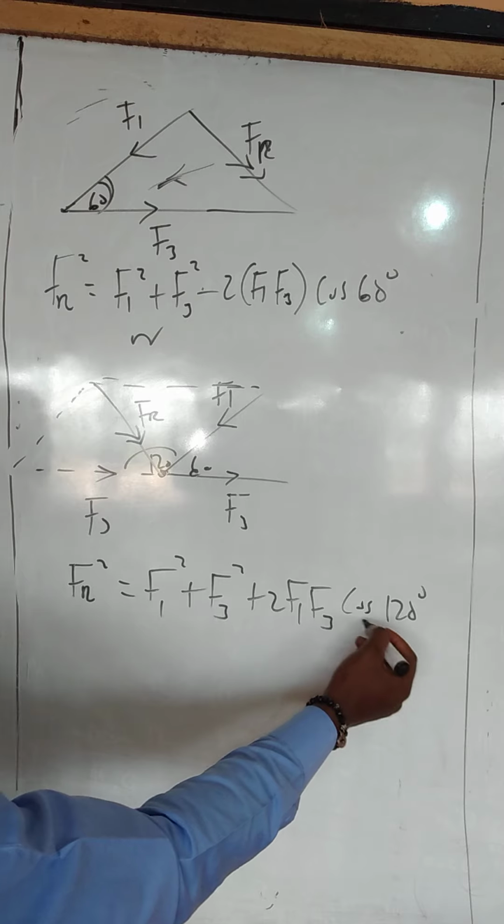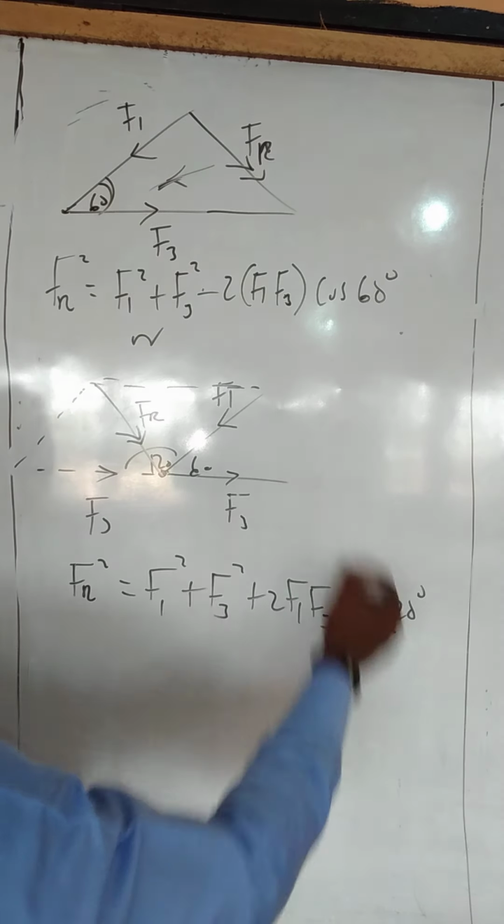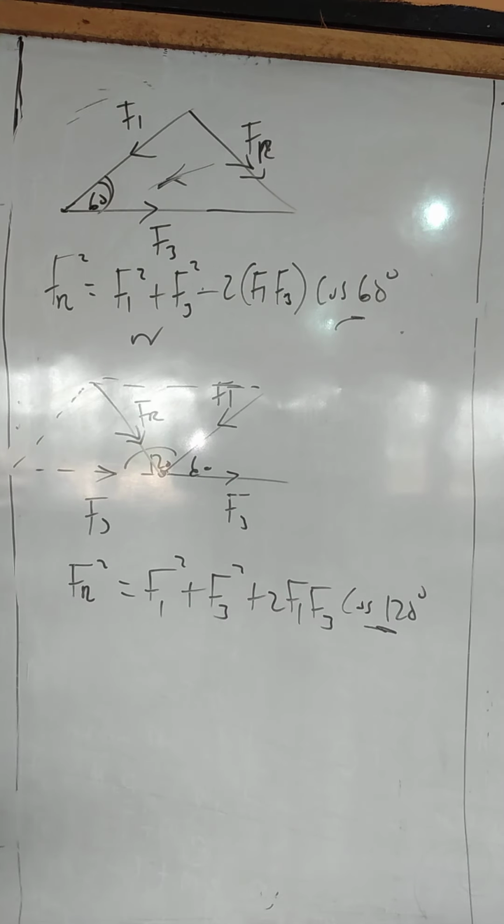If you multiply it through, you realize that cos 120 and cos 60 are equal in magnitude but opposite in sign, and therefore you are going to have the same answer. So you can use both the triangle of vectors or the parallelogram of vectors to solve this question.